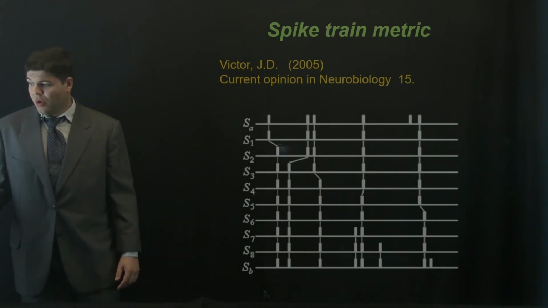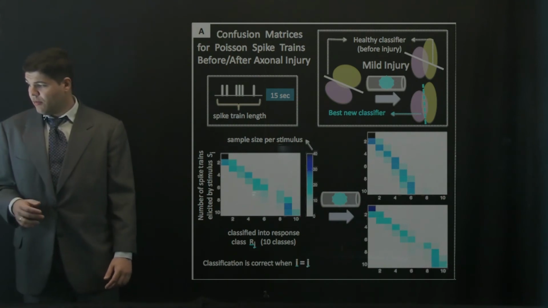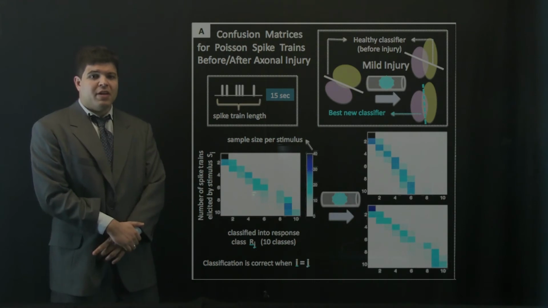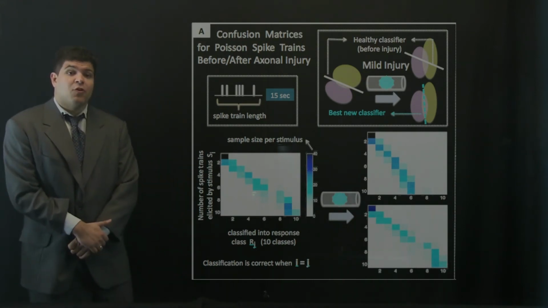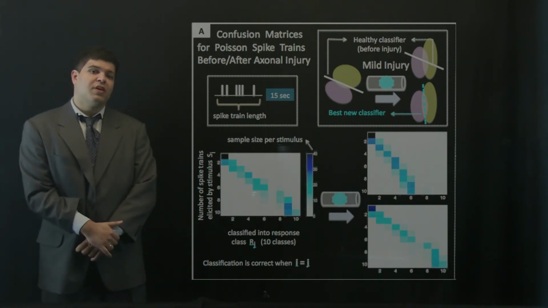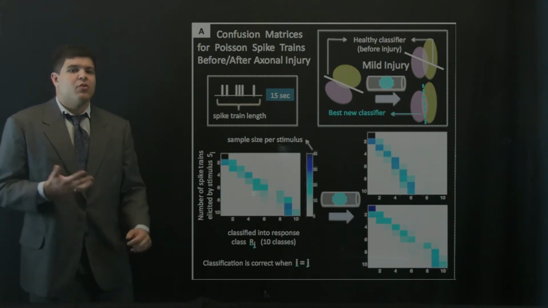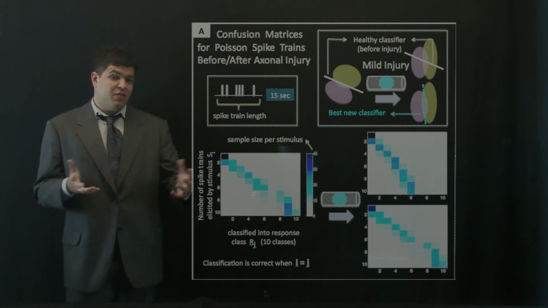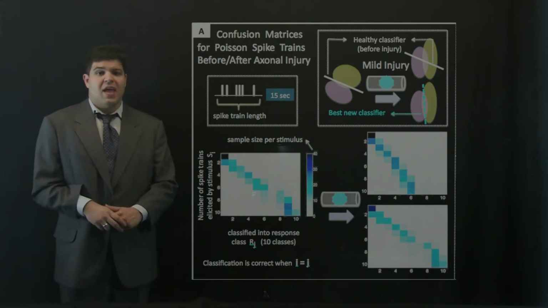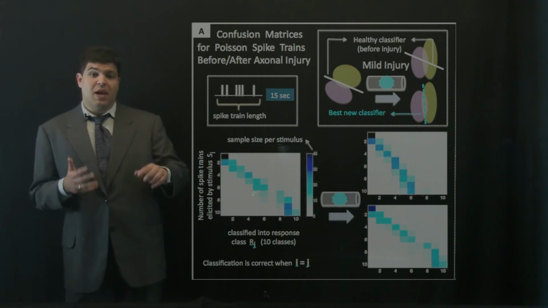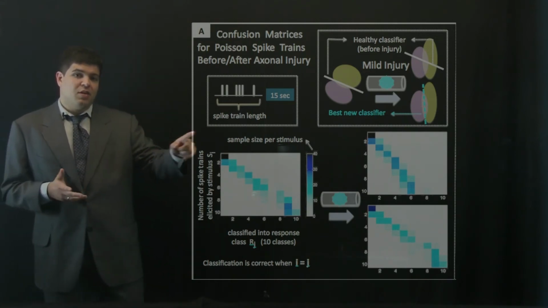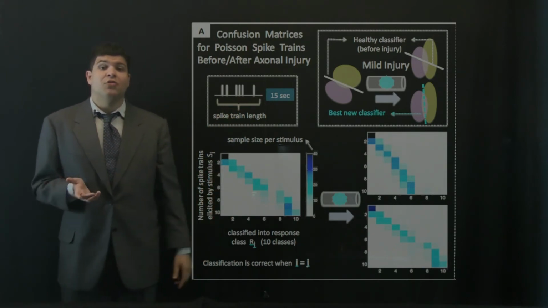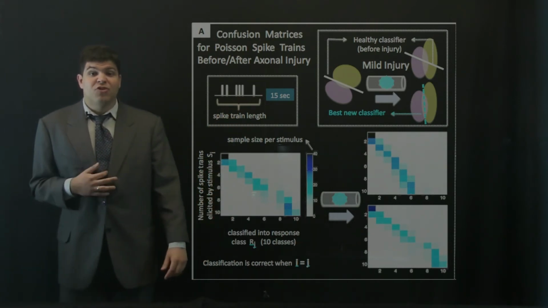So here's what our results look like. We evaluated confusion matrices for Poisson spike trains before an axonal injury. Poisson spike trains are widely studied and used to model a lot of spike trains, and that means that we're generating spike trains in which the probability that you get a spike at time t follows a Poisson process with a certain intensity.